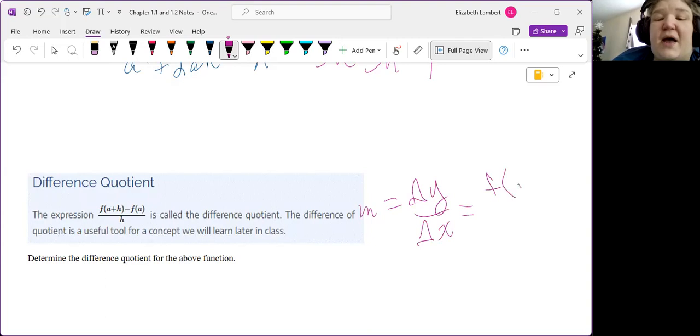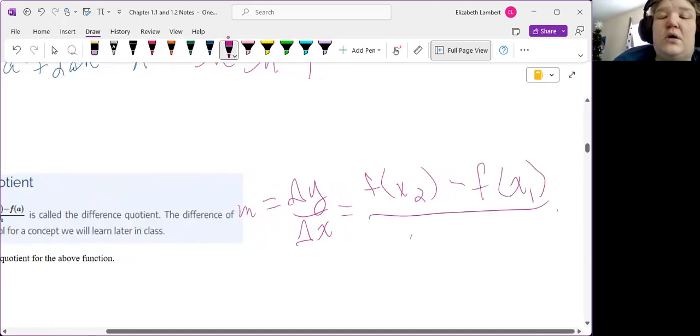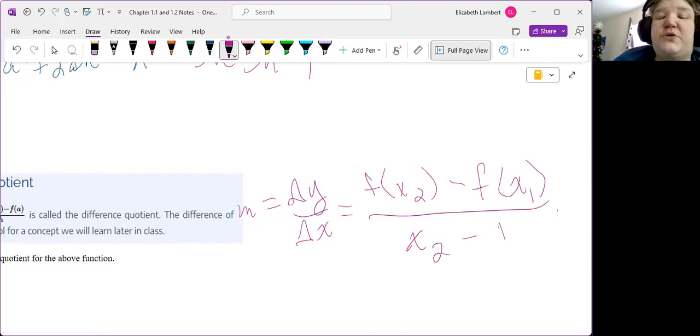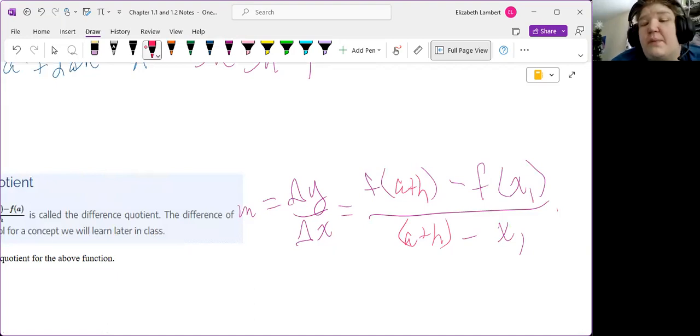So if I have f of x2 minus f of x1, there's my y values, and then x2 minus x1. Now check out what happens. Instead of my x2's, sorry I had parentheses up there, but I'll put them down there.